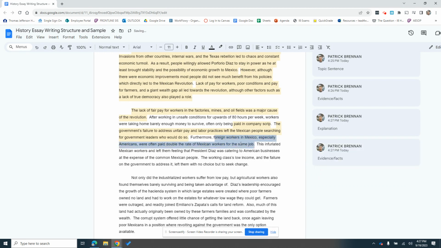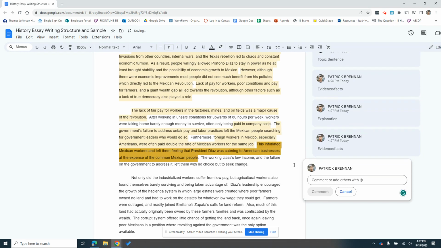What does that have to do with the revolt? This infuriated Mexican workers and left them feeling that President Diaz was catering to American businesses at the expense of the common people. So it's creating discontent among the Mexican workers, right? We're looking at what is the effect on them. So this is our explanation as to how that's going to lead people to revolting.